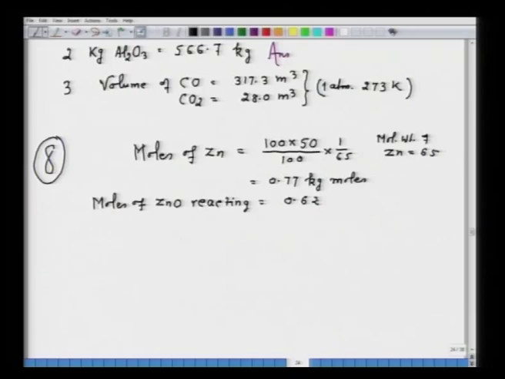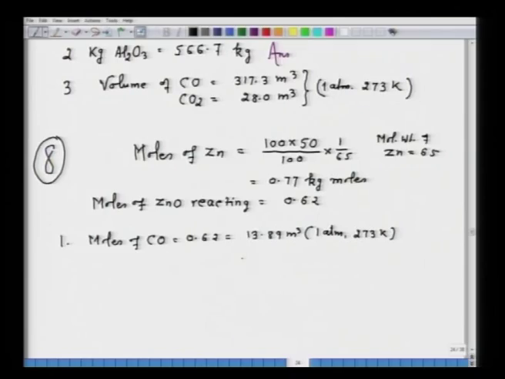Now, straight away one can find out the answer. Answer for 1, that is moles of CO, is equal to 0.62. This is equal to 13.89 meter cube at 1 atmosphere and 273 Kelvin.